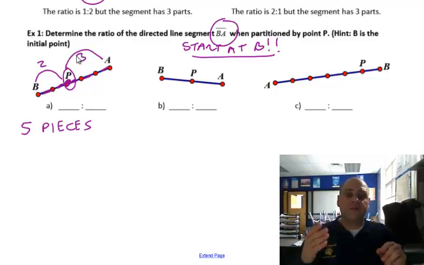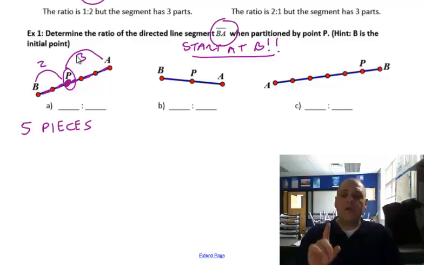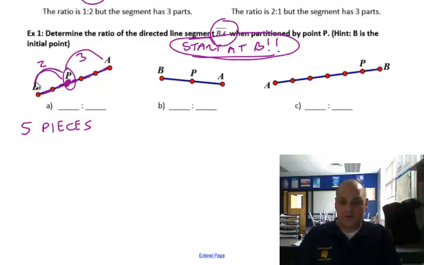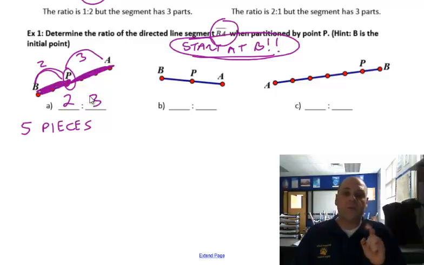So my ratio is either 2:3 or 3:2. But it's important that you write it the correct way. Because we're starting at B, the 2 comes first. It's 2 pieces here and then 3 pieces. So this is a 2:3 ratio.